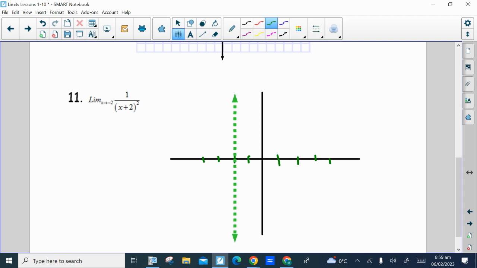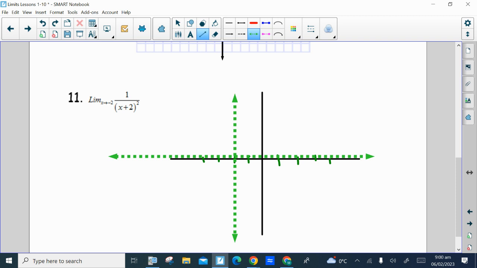Once again, the x-axis will be a horizontal asymptote because y can never equal 0. The only way a rational function equals 0 is if the top equals 0, and in this case the top is a constant, so it can never equal 0.